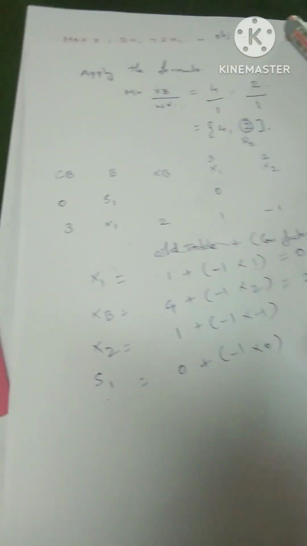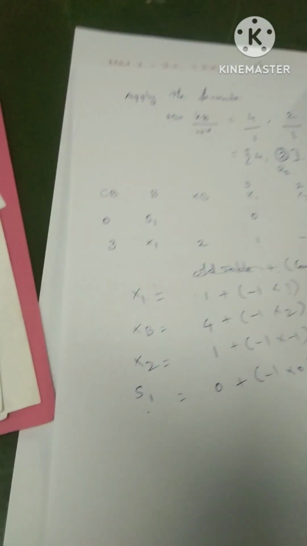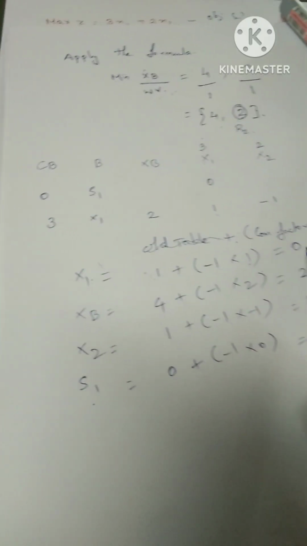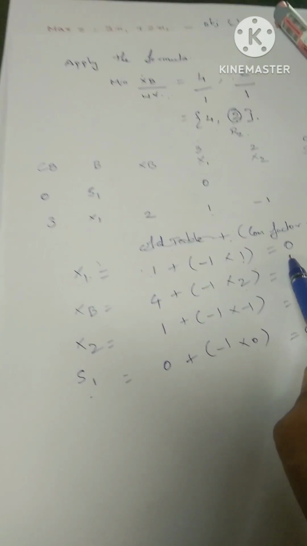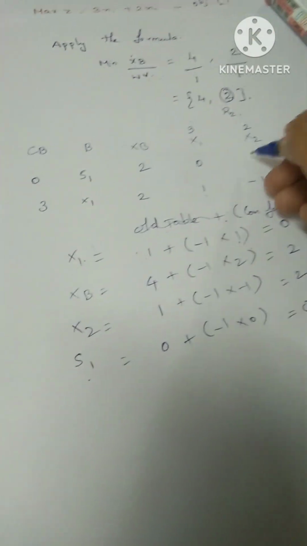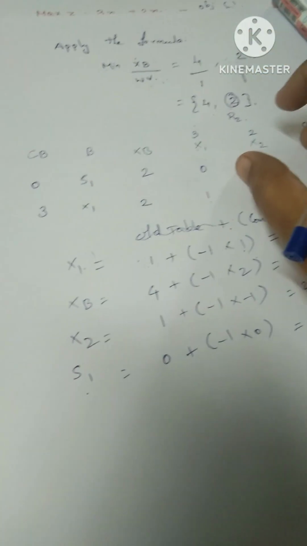So plus 1 is 2. Here it is 0. So for x1, the condition is satisfied, that is it should be 0. So we had received 0. For xb we have 2. For x2 we have 2. S1 we have 0. So we have framed the new table.